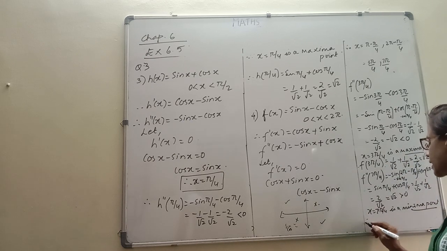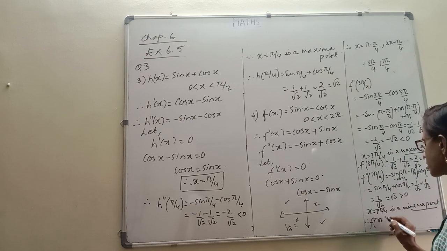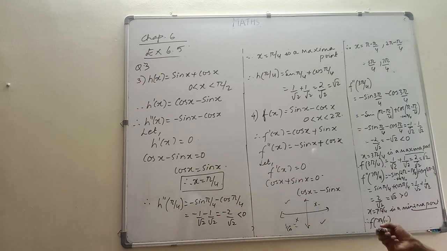Okay, then in that case, let's find the minima value at 7 pi by 4. We have the values with us, so it's not going to take much time. At 7 pi by 4, the sine value is 1 over root 2, and for the cos value, wait a minute, this is the fourth quadrant, so the sine value is negative.